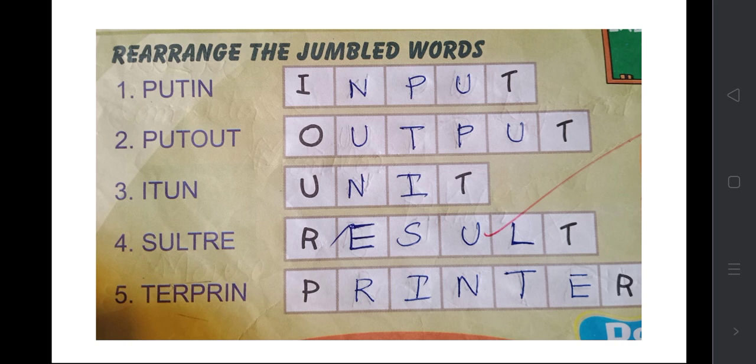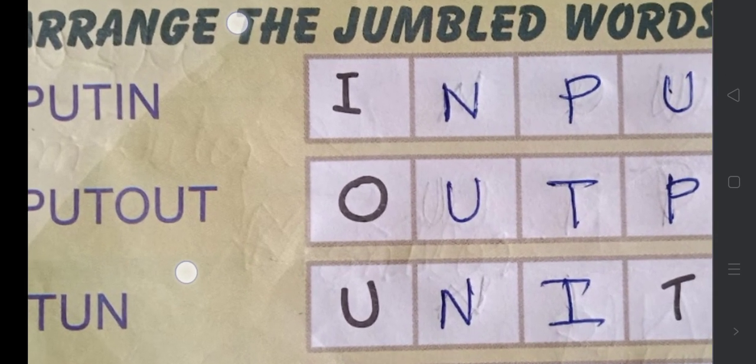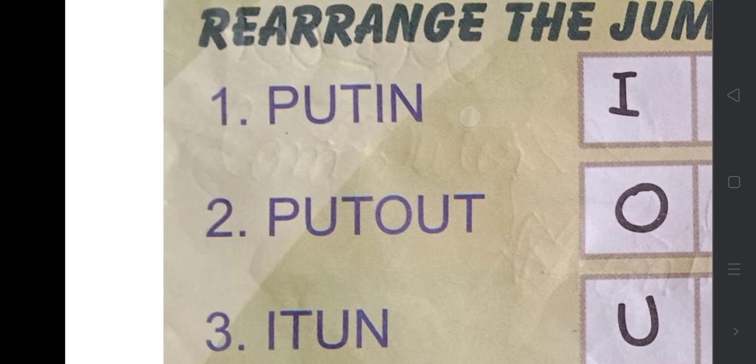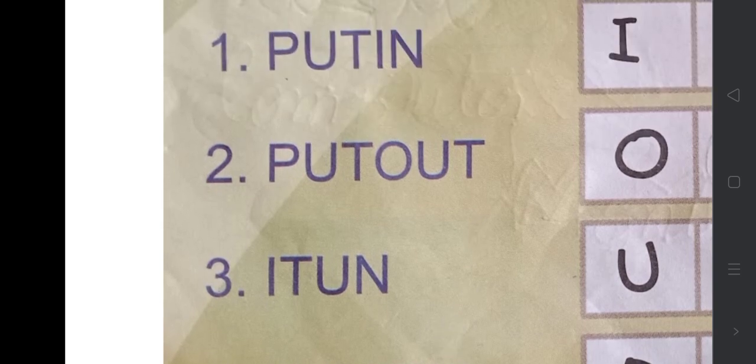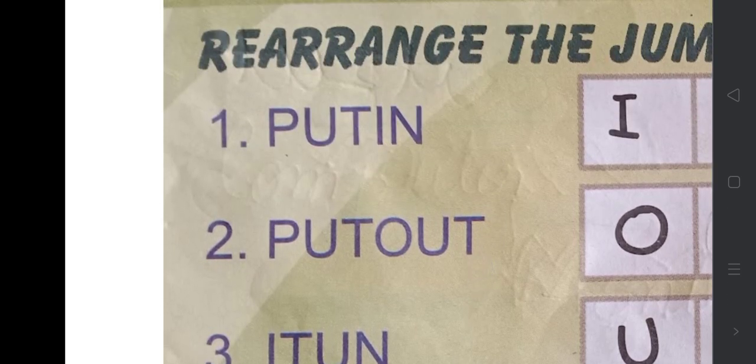Rearrange the jumble words. See, there is a word called put in. Is there any word like this, put in, in computer? No, right? So what we have to do is bring these two letters, in, to the front.